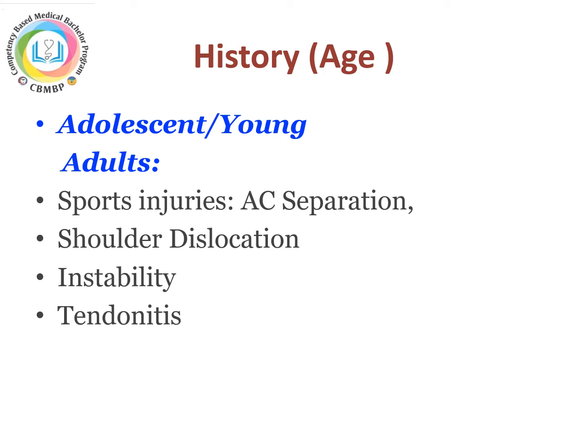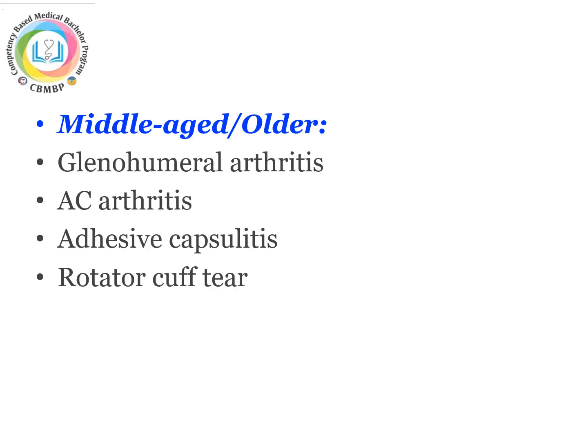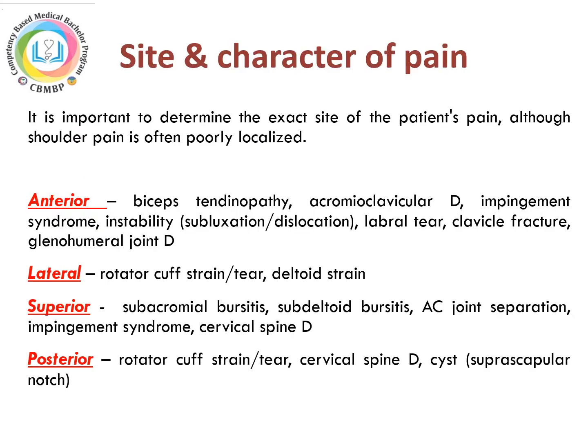In adolescents and young adults, the most common cause of shoulder pain is sport injury, like acromioclavicular separation, shoulder dislocation, instability, or tendonitis. While in middle age or older adults, the most common causes are glenohumeral arthritis, osteoarthritic changes, acromioclavicular arthritis, adhesive capsulitis, and rotator cuff tears.